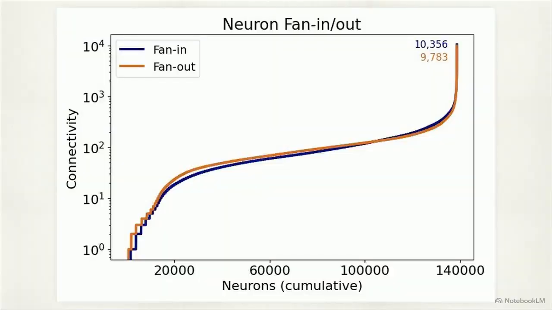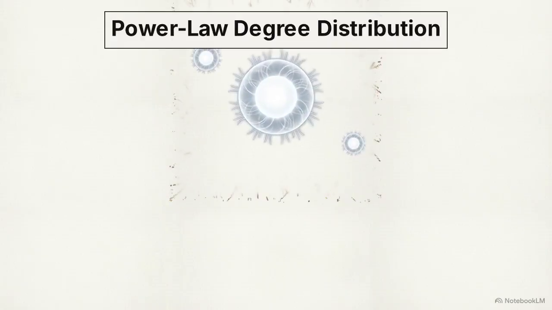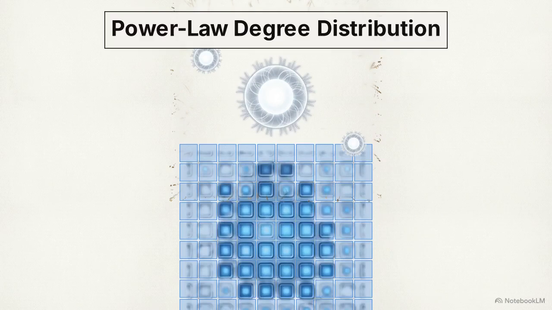This chart displays the connection distribution for fruit fly neurons. Notice the extreme upward curve at the right edge. While most neurons connect to a few dozen neighbors, a tiny subset acts as massive data hubs, with extreme fan-in and fan-out counts exceeding 10,000 connections. This specific mathematical structure is known as a power law degree distribution.